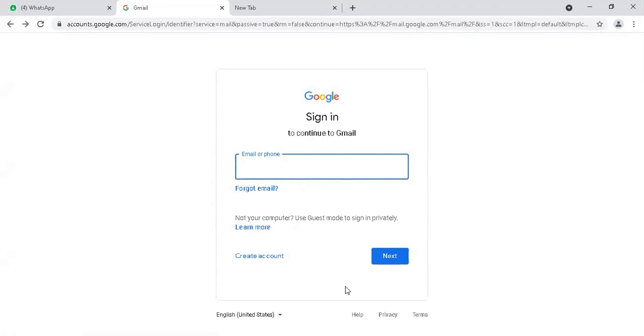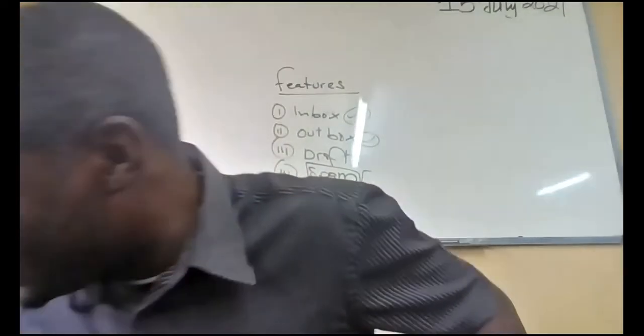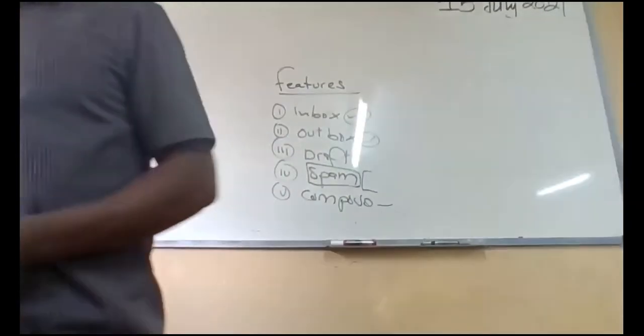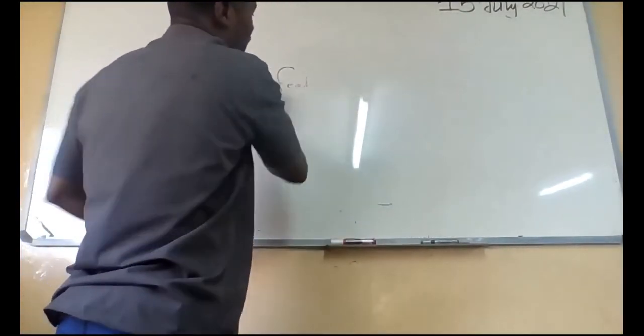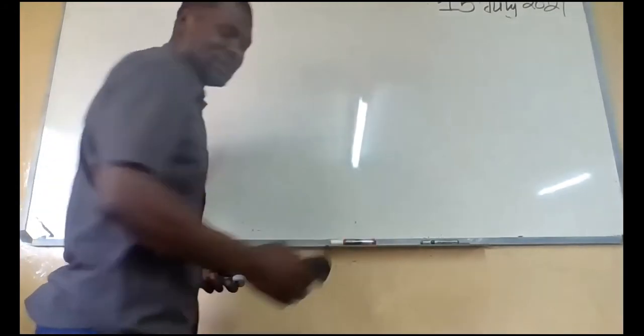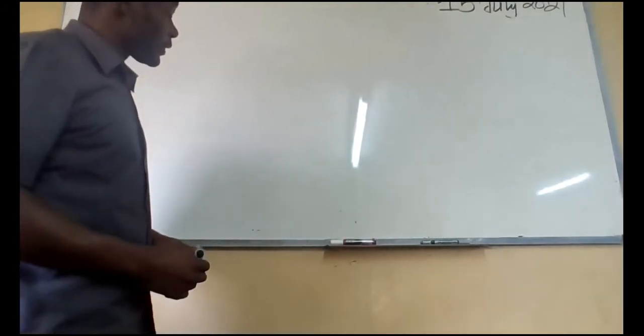But the most important thing that we need to understand about email is the structure of an email address. Just like the structure of the website, an email address also has its own structure.